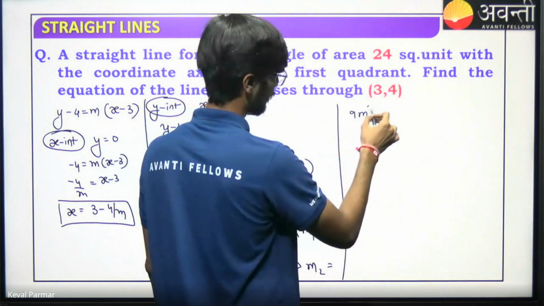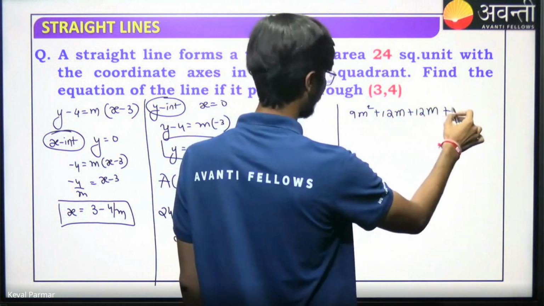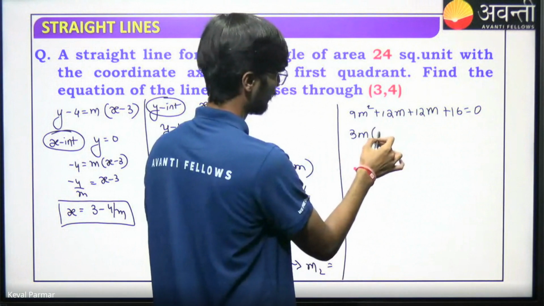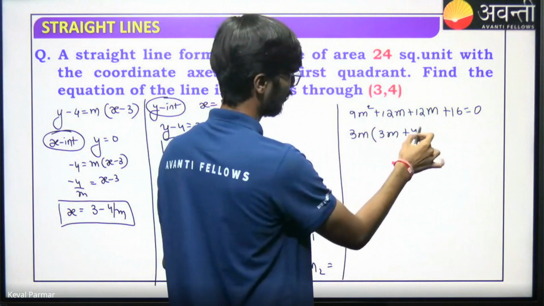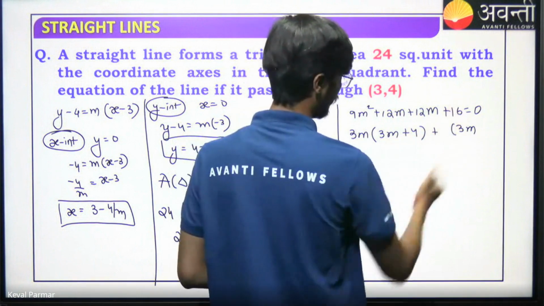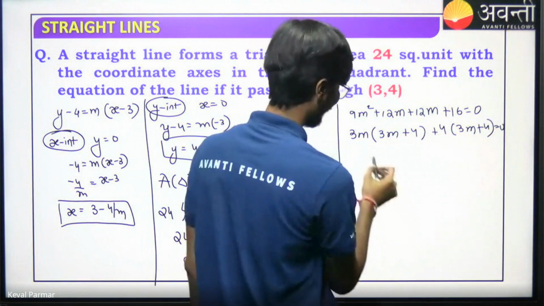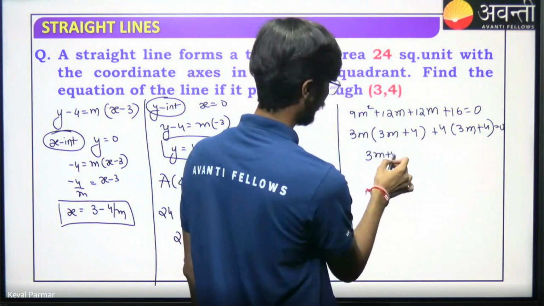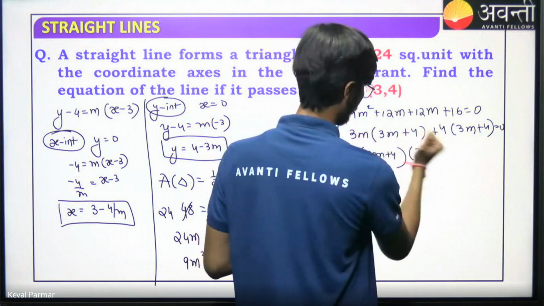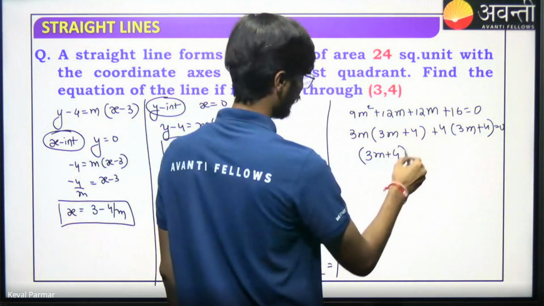9m square plus 12m plus 12m plus 16 equals 0. So I think 3m common, 3m plus 4, plus 4 common, 3m plus 4. So it is (3m plus 4) the whole square.